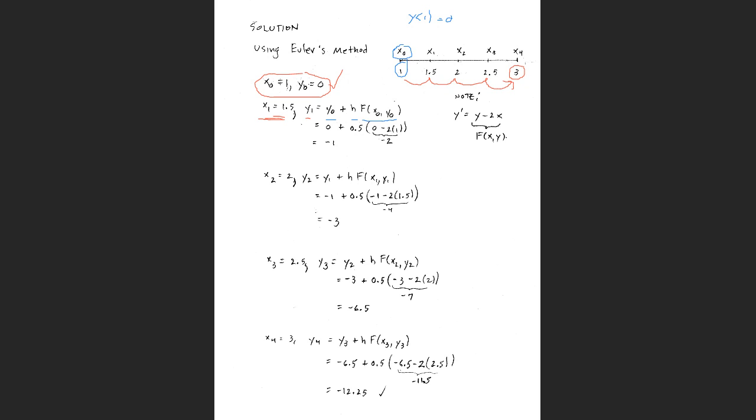And remember, f of x, y is y minus 2x. So y naught is 0. Step size h is 1/2. And then I put in 0 minus 2 times 1, which is -2. That's the value of the derivative at the point (1, 0). And so y1 will equal -1.